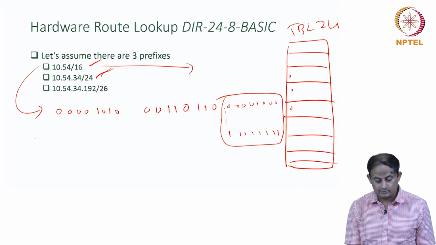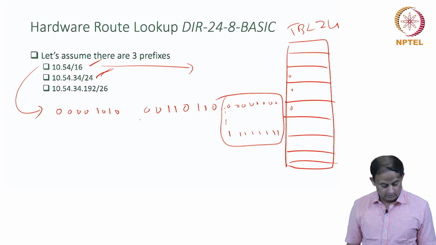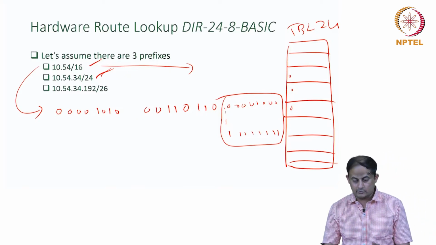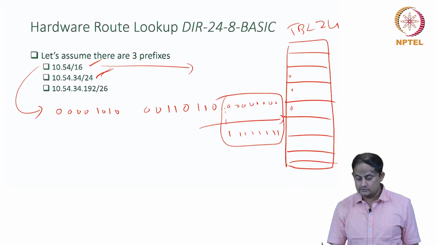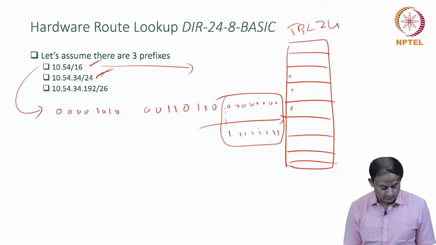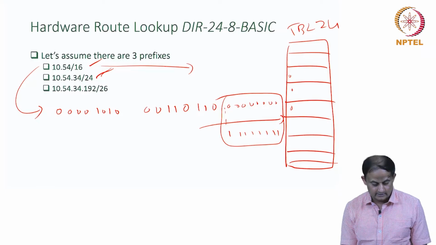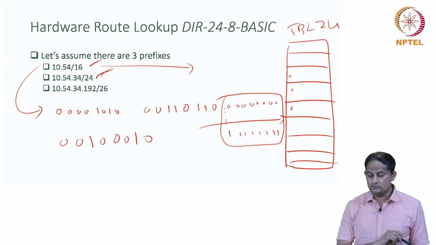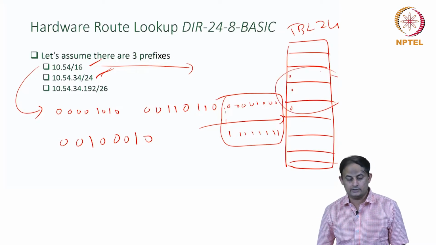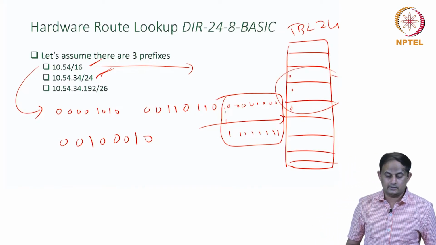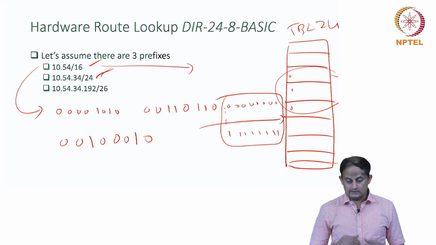So 10.54 is common, and 34 is one possibility among these many combinations. 34 in binary is 0 0 1 0 0 0 1 0, and one among these entries that I have created is reserved for this 10.54.34, and that is the case.